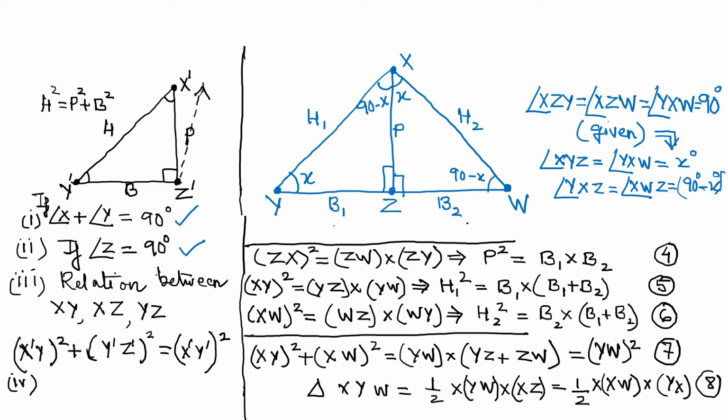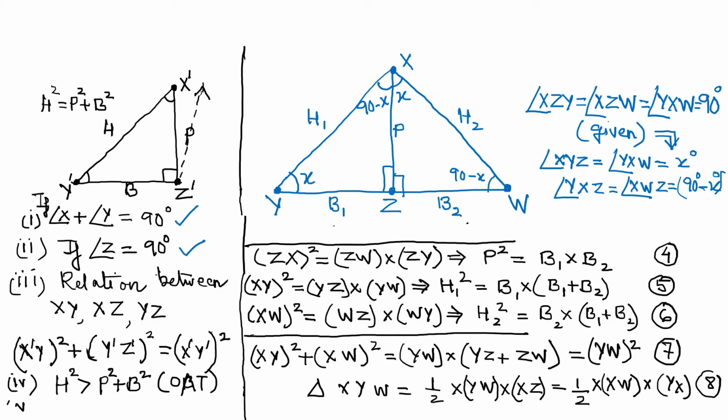So in that case, the length of the so-called hypotenuse, because when you increase the angle from 90 degrees to, let's say, 110 degrees or 100 degrees, in that case it becomes an obtuse angle triangle. So in that case, the length of the hypotenuse square will be greater than the square of the perpendicular and the square of the base when added together. This we are talking about for an obtuse angle triangle.